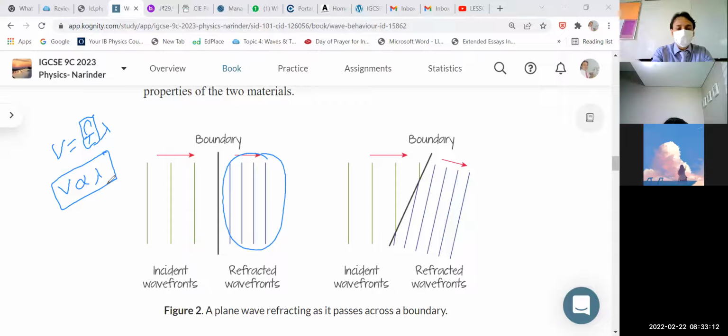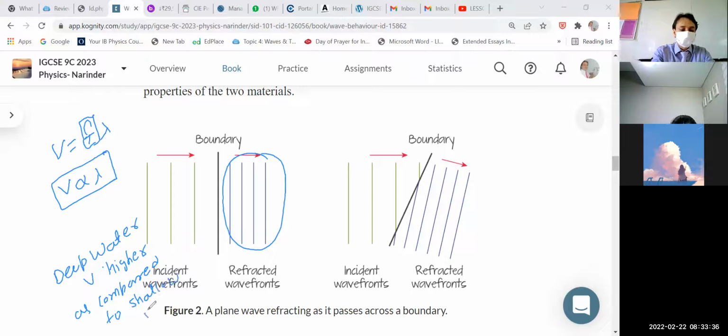In deep water, children, let me write deep water, the wave speed will be higher as compared to shallow water, please note it down.